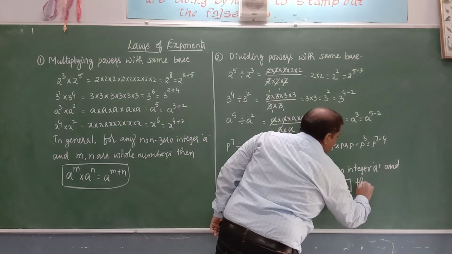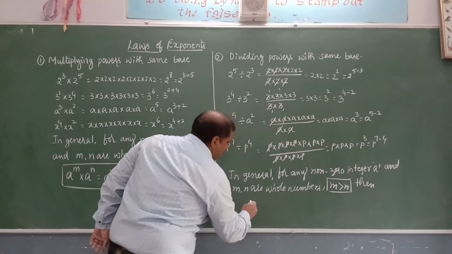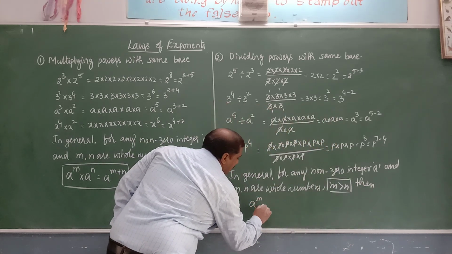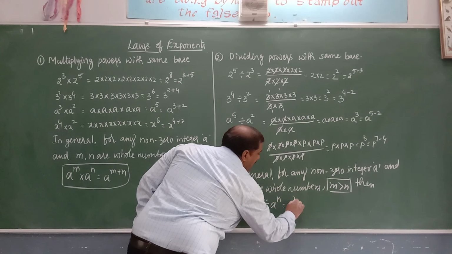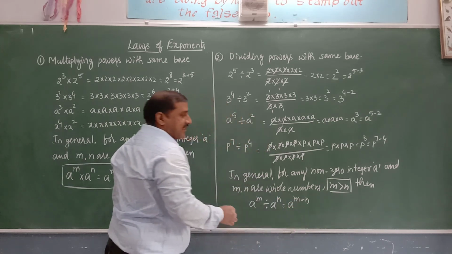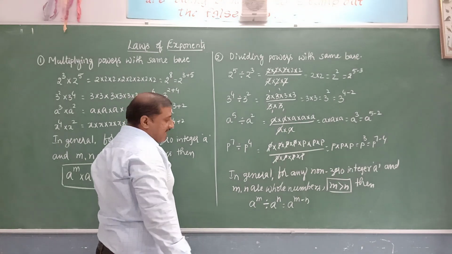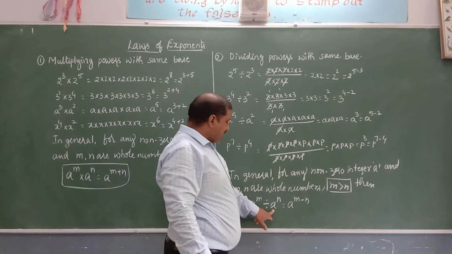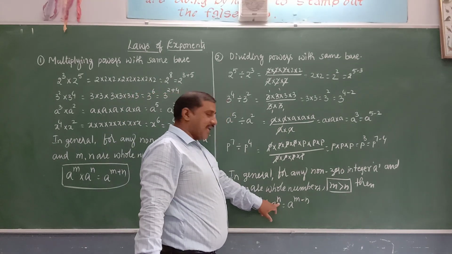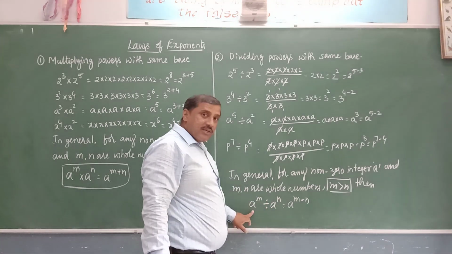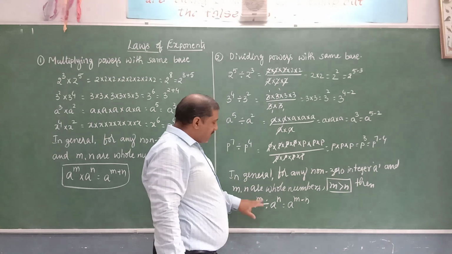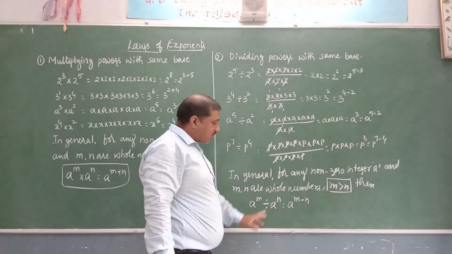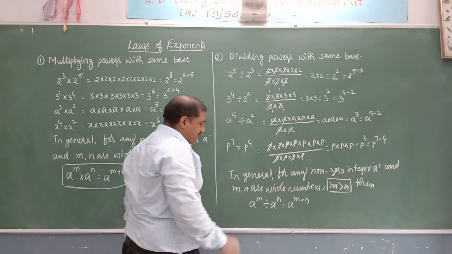Then what we can say is a to the power of m divided by a to the power of n is equal to a to the power of m minus n. So when the bases are the same and m is greater than n, where a is a non-zero integer, a should not be 0, then a to the power of m divided by a to the power of n is equal to a to the power of m minus n.